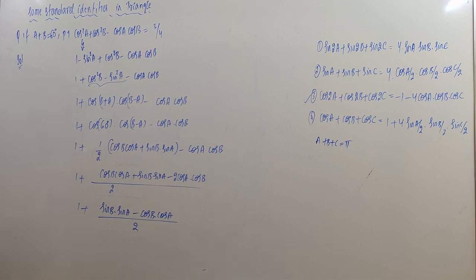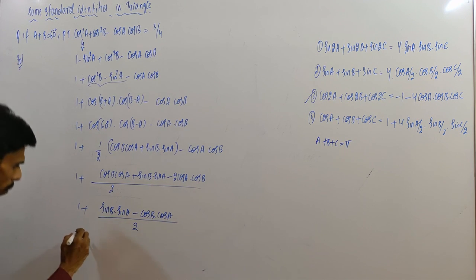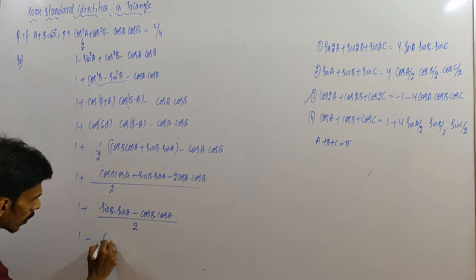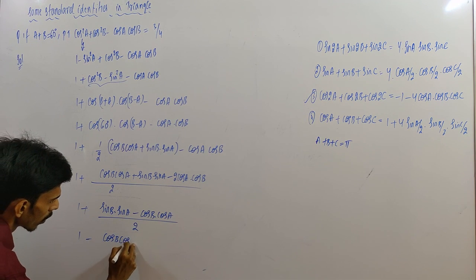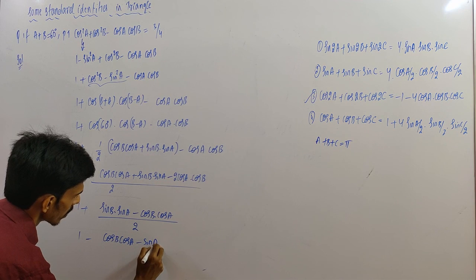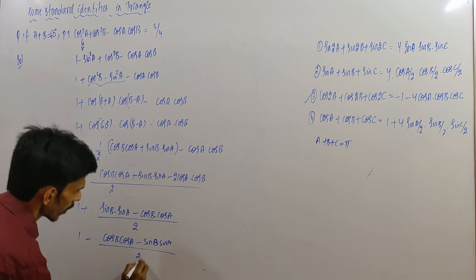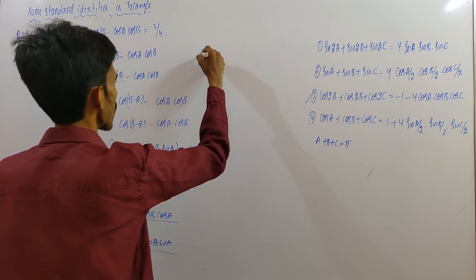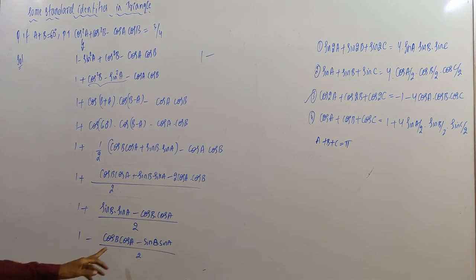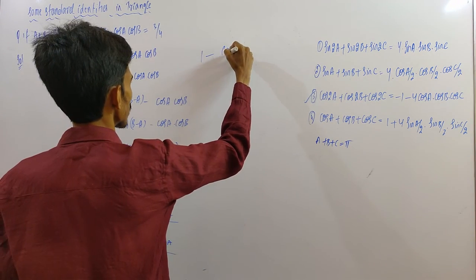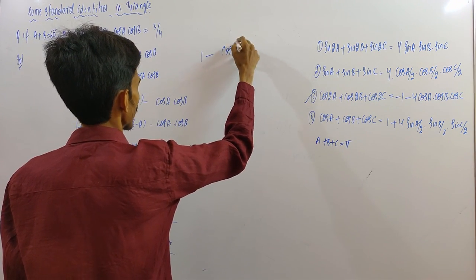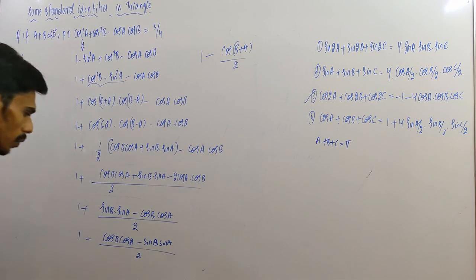Now this can be written as, take minus common, we have 1 minus cos B cos A minus sin B sin A divided by 2, that equal to 1 minus, this is in the form of cos A plus B, so it will become cos B plus A divided by 2.